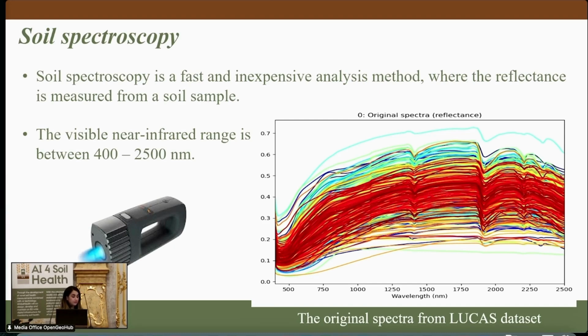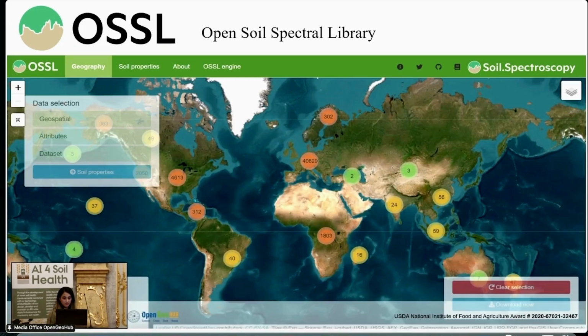The range that we are interested in is the visible near infrared range, which covers between 400 and 2,500. Here you can also see the original spectra from the LUCAS dataset, which is a wonderful dataset with about 45,000 spectra along with wet chemistry data, so many studies can be done.